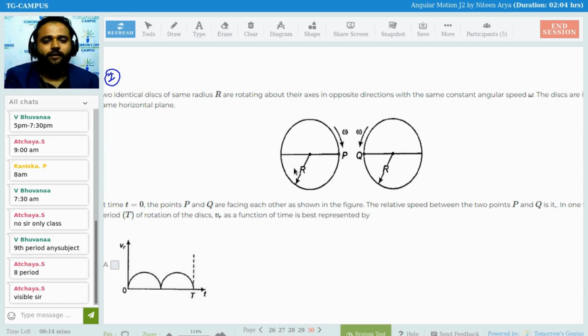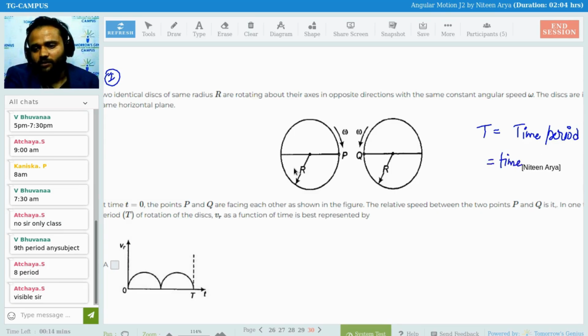Capital T is the time period. What is time period? It is the time taken by a body to complete one revolution.